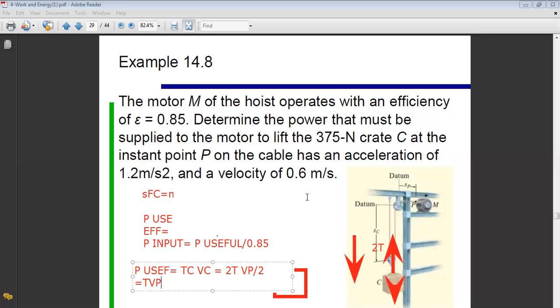When you choose your coordinate downward, this does not mean that you are saying that your system is accelerating downward. Why did I choose it downward? Because when I calculated my acceleration before, I calculated based on this frame. So when I obtained A equal minus 0.6 for C, this is based on S of C downward.